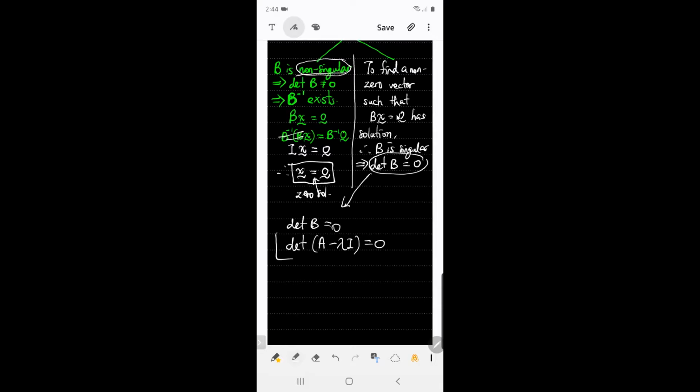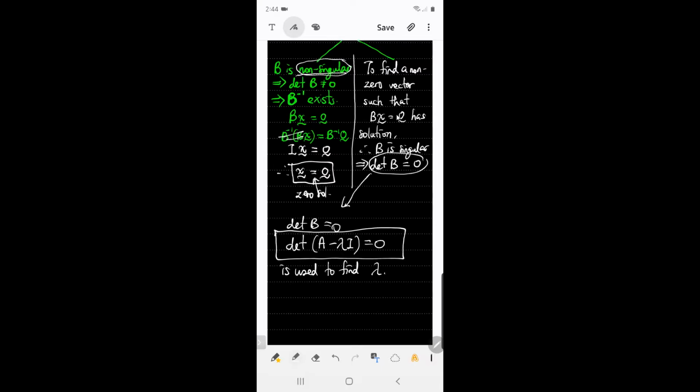So we use the determinant of A minus lambda I to find the eigenvalue lambda. So this is used to find lambda. The lambda is what you call the eigenvalue, correct? So now we proceed. Suppose that I ask you to find the determinant of A minus lambda I.